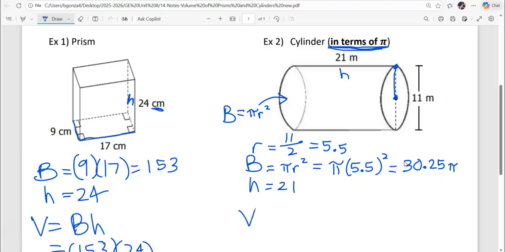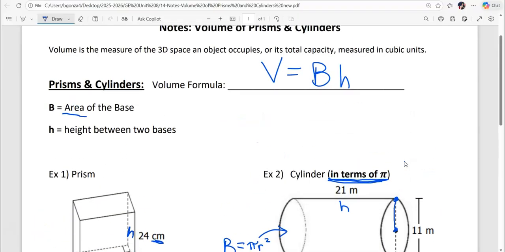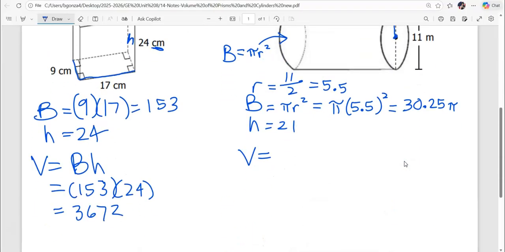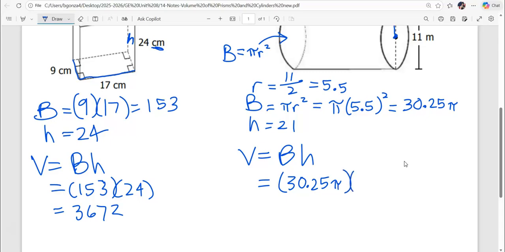So now how do I find volume? What's the formula at the top of our page here? Big B times H for a cylinder. Big B times H, which is 30.25 pi times the height, 21.